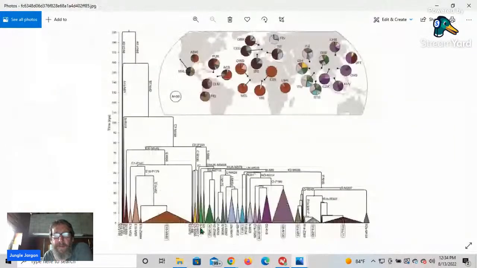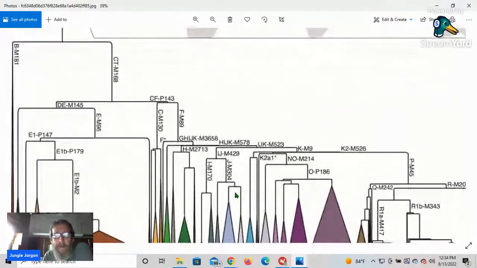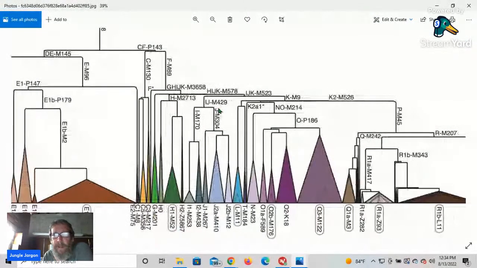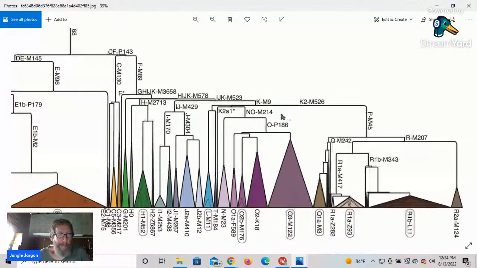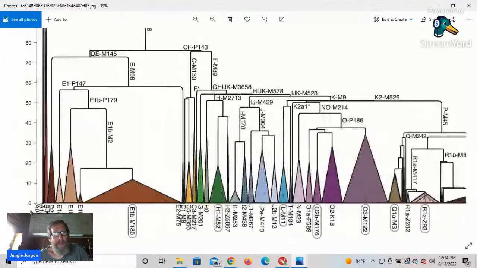Okay, this is the diagram or family tree of the human population, human Y chromosome haplogroup. A, B, C, D, and E. Of course, C is over here.